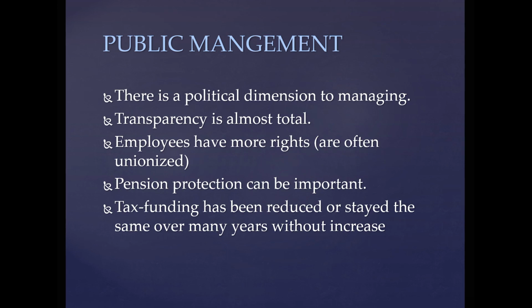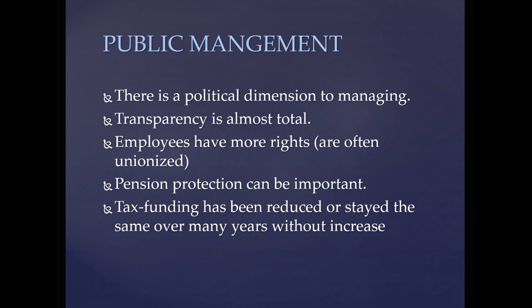So in public management, there's also a political dimension to managing. So you really need to understand politics and what's going on. Things change depending on, for example, who is the mayor, or who is in charge of a division, or, at the provincial level, which party is in.